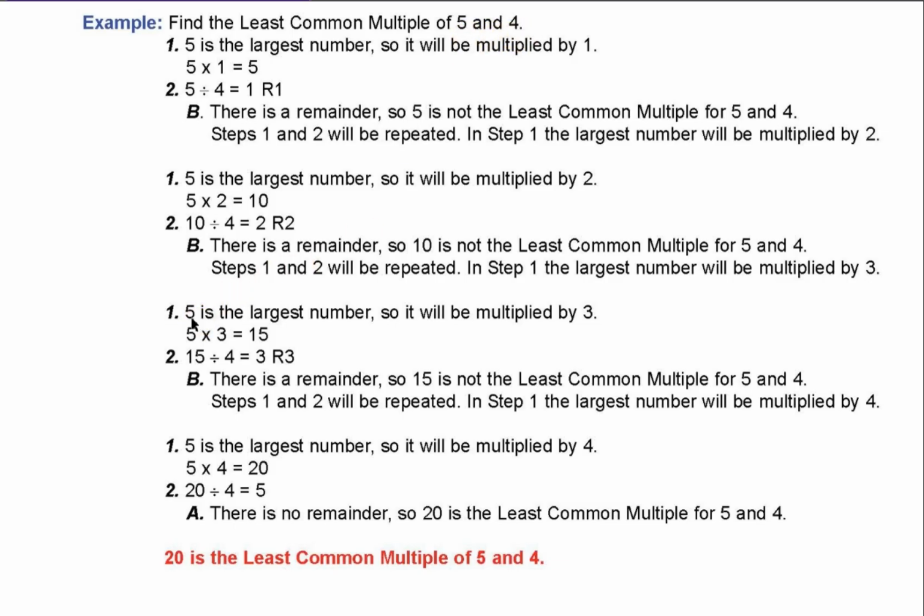So we will multiply 5 by the number 3. 5 times 3 equals 15. Next, we will divide the result of the multiplication by the smaller number. The result of the multiplication is 15.